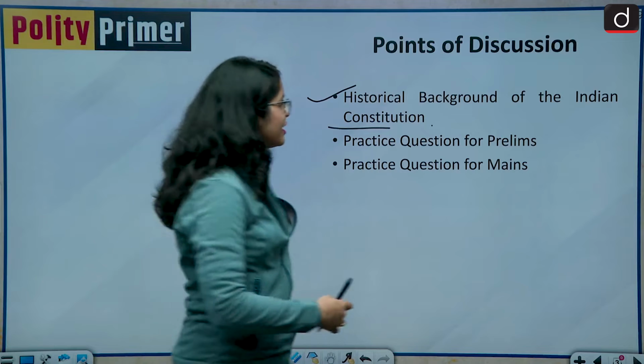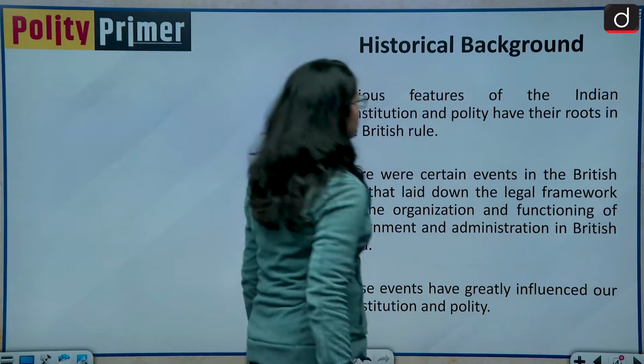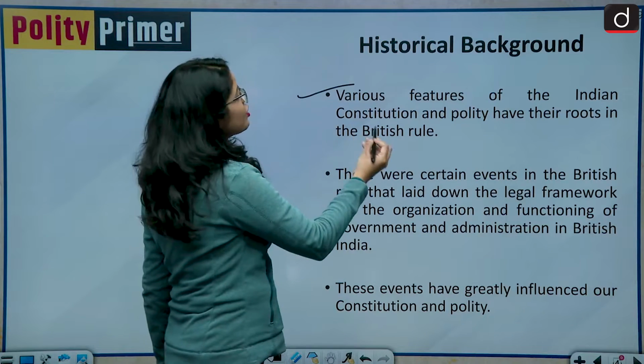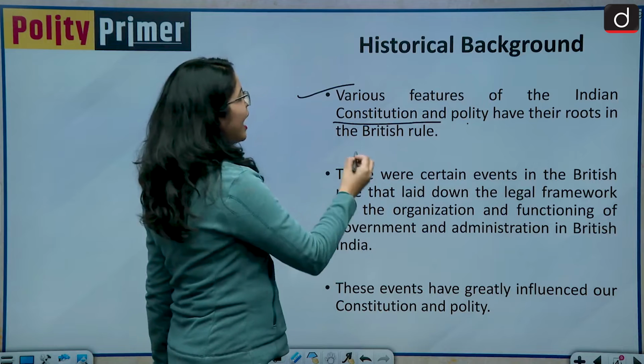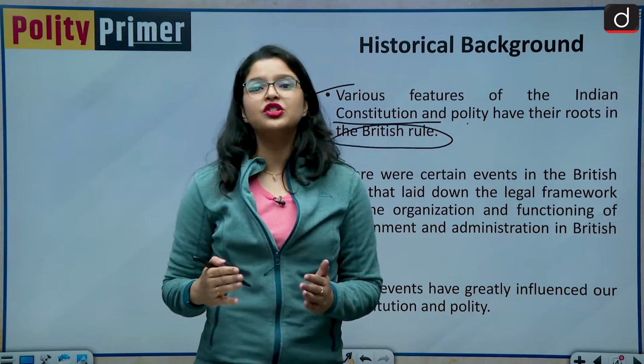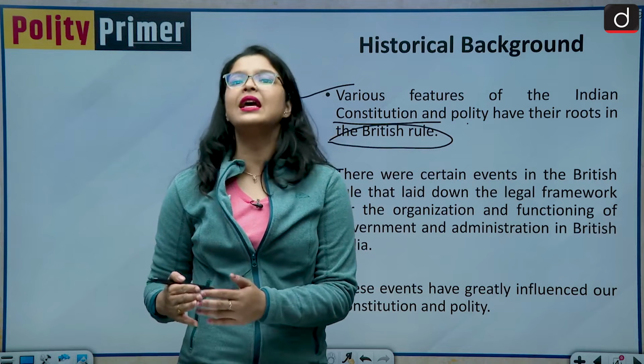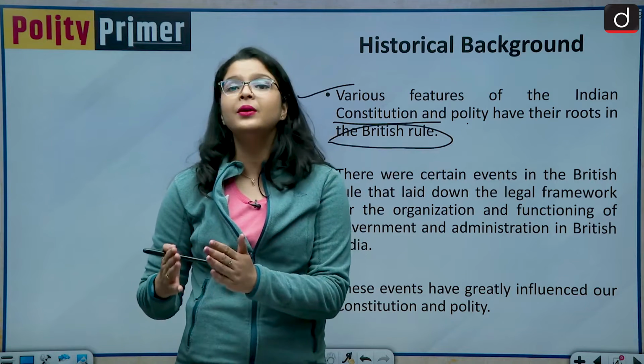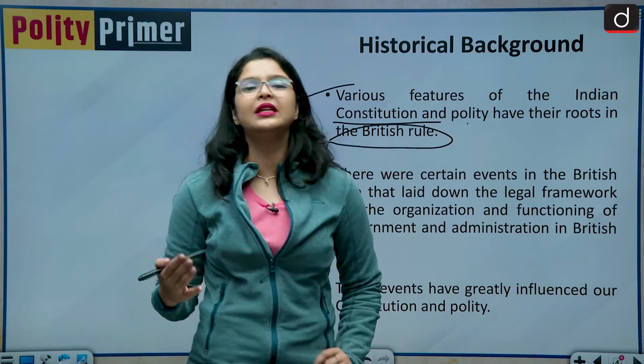So if I talk about the historical background of our Indian Constitution, various features of the Indian Constitution and polity have their roots in the British rule. We were governed by the Britishers for almost 200 years, and definitely they have shaped the Indian Constitution and polity.